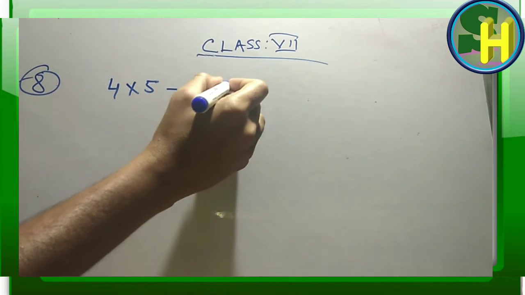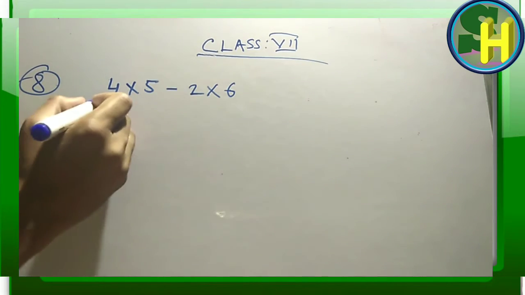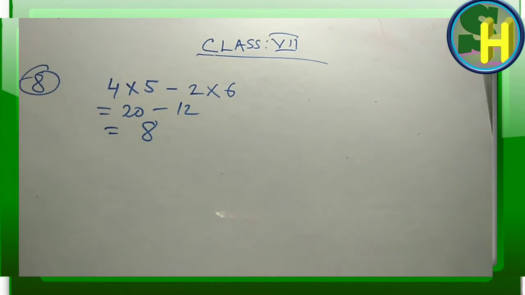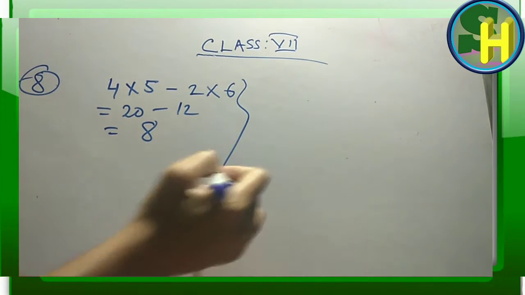How many are incorrect? 6. So this is 20 minus 12, that is 8. Clear? In another sense, we can do it in another process also.